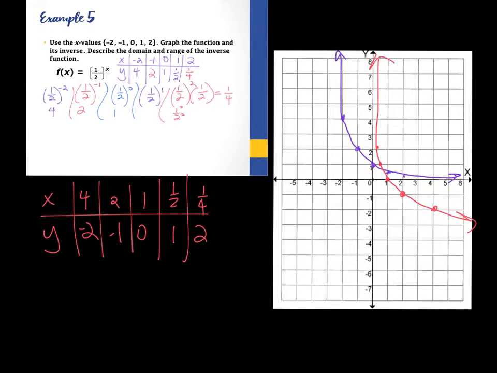Again, if I drew that line straight through the middle of quadrants 1 and 3 and folded my graph, it should overlap.